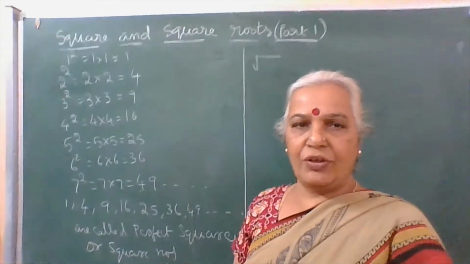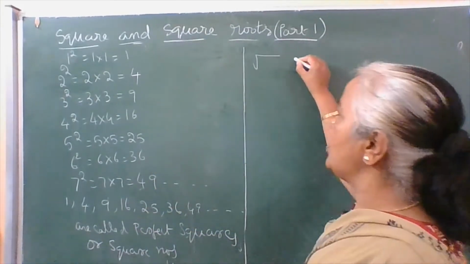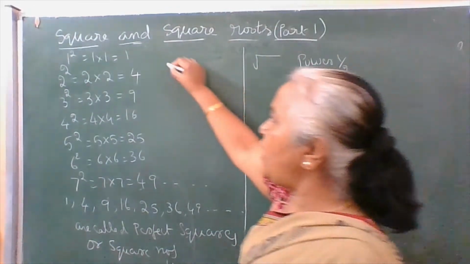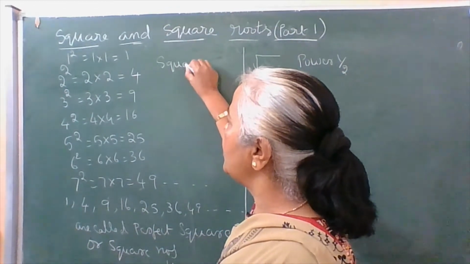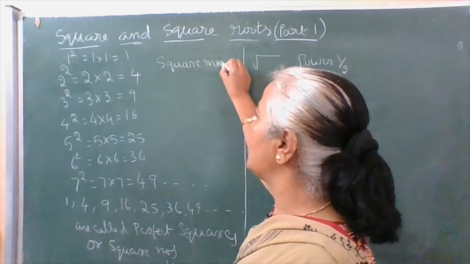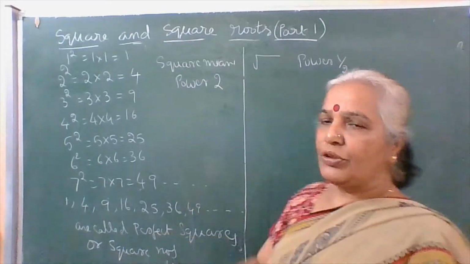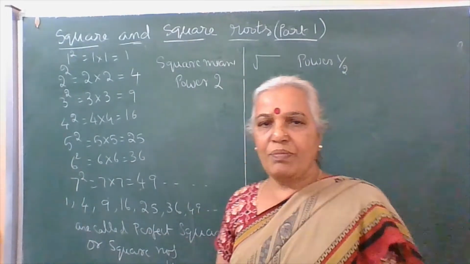for square root. Square root means power half. Square here means power. Square means power 2. Square root means power half.